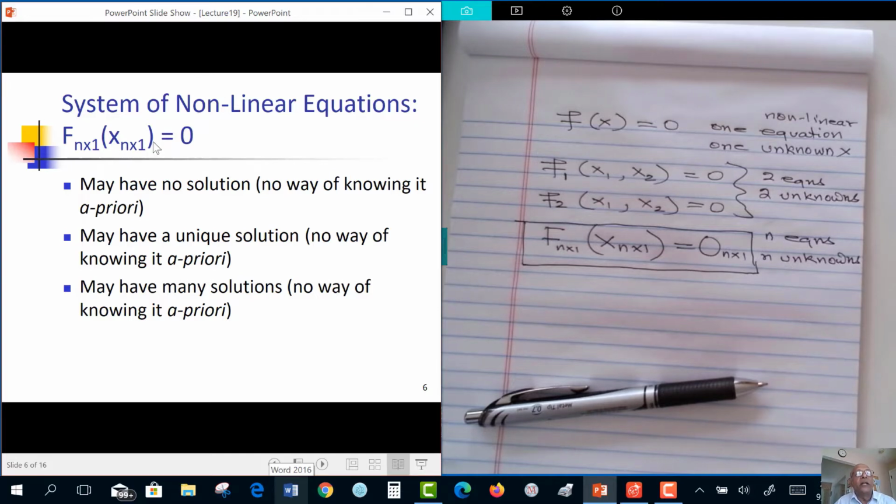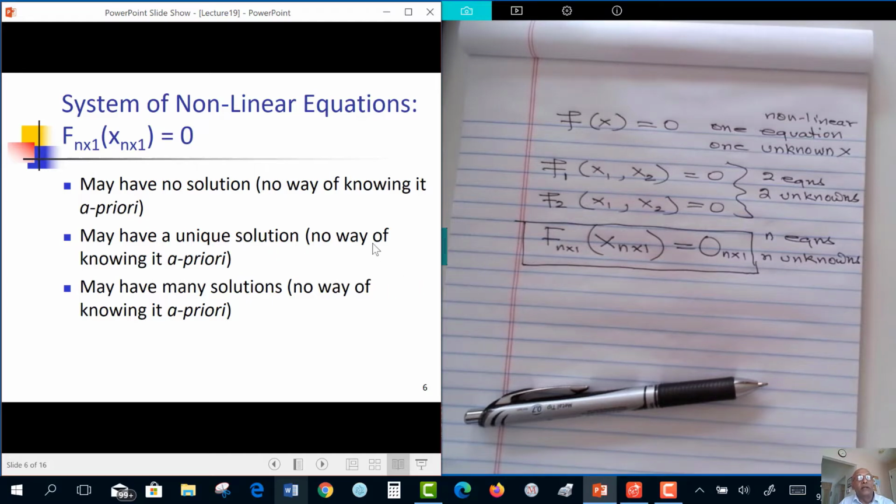If we have a nonlinear system, it may have no solution. Just like with one equation, one unknown, it may not have had any solution. We have no way of knowing it a priori before we examine the equation. Just by looking at it, we cannot say. It may have a unique solution.